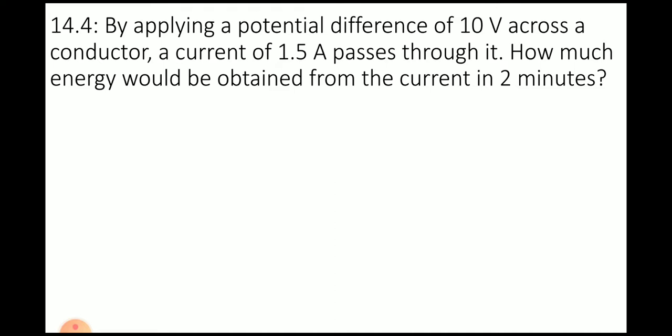Now next, by applying a potential difference of 10 volt across a conductor, a current of 1.5 milliampere passes through it. How much energy would be obtained from the current in 2 minutes?